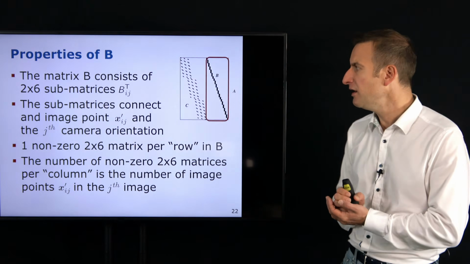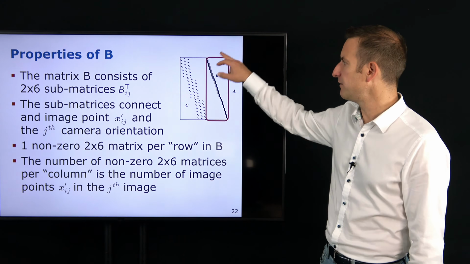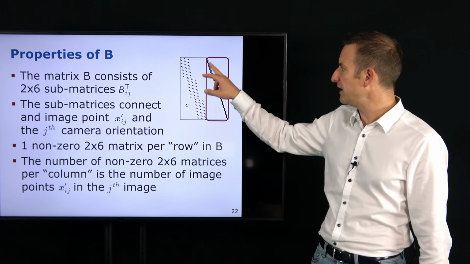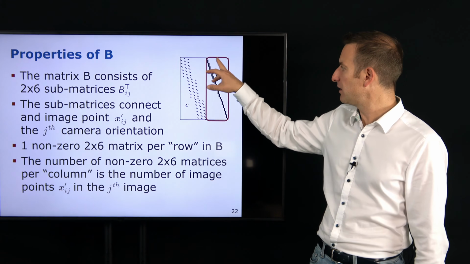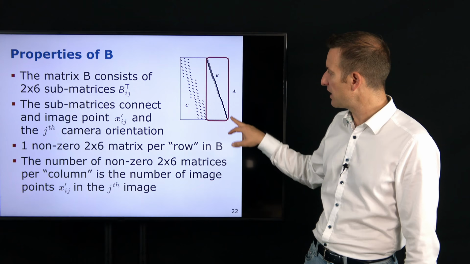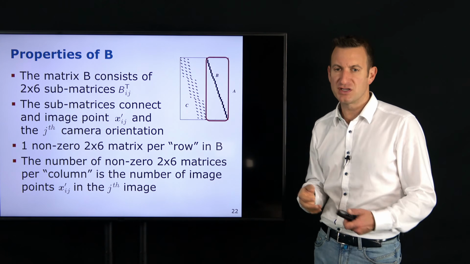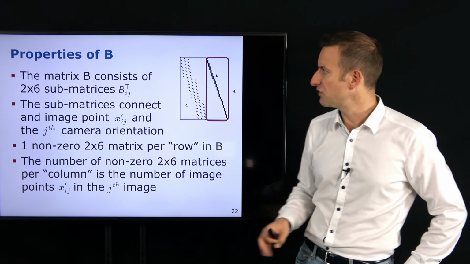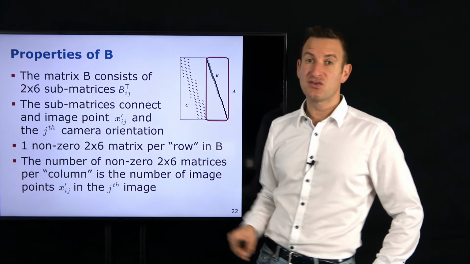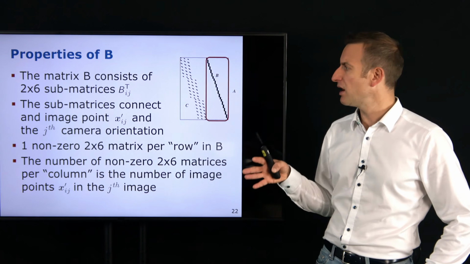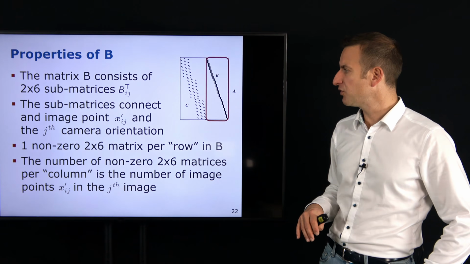We can also investigate the properties of this matrix B over here in a very similar way. This is the second part of the matrix, the one relating the camera image and the number of observations. So basically looking at how many points I'm actually observing in the individual camera images. It consists of these 2x6 matrices relating the camera orientation of camera J with the corresponding observations.